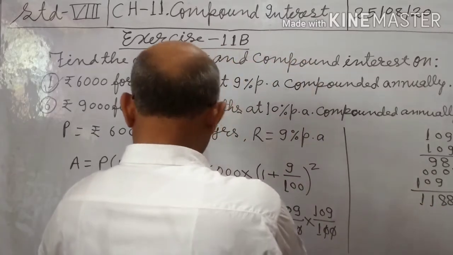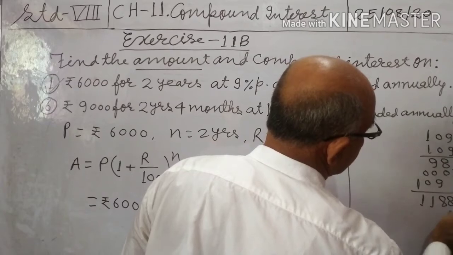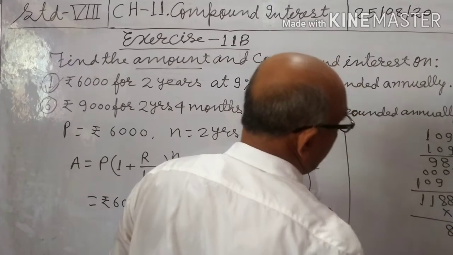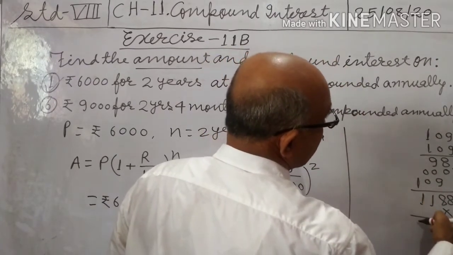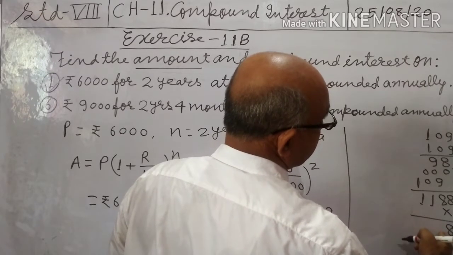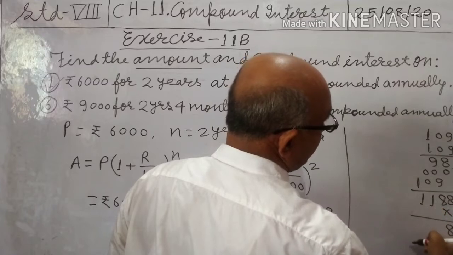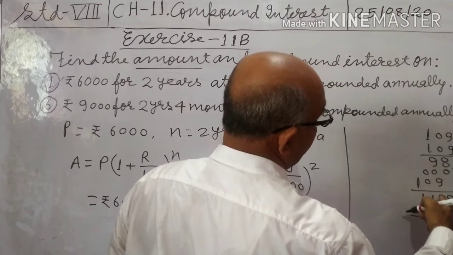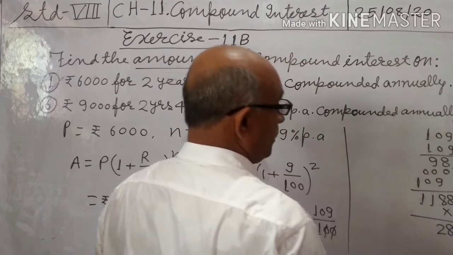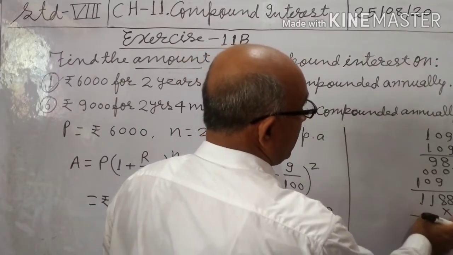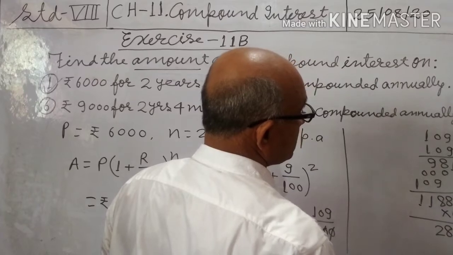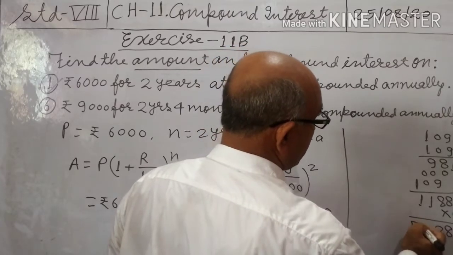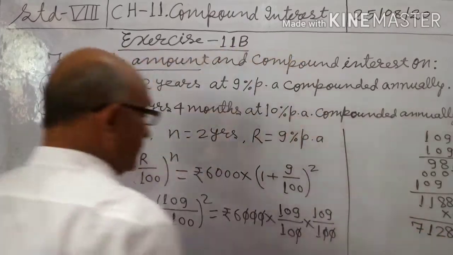Now it is multiplied by 6: 8 6 are 48, write 8 carry 4, 8 6 are 48 plus 4, 52, write 2 carry 5, 11 6 are 66 plus 5, 71.